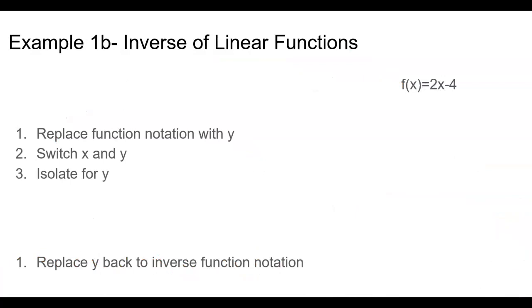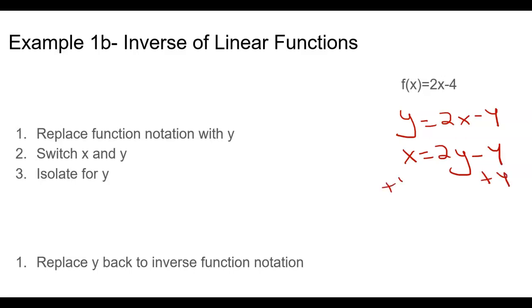We're now going to learn how to do that algebraically, starting with linear functions. So our first step is to replace our f with a y, because remember that's the same as output. Now I switch my x and my y, and now I'm going to do whatever I need to do to isolate y.